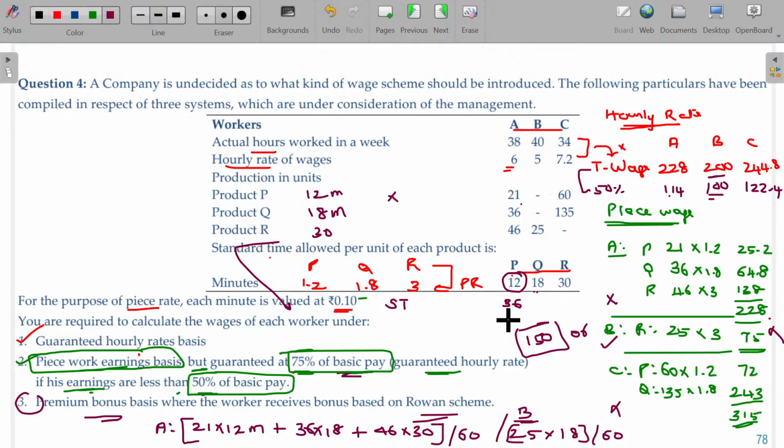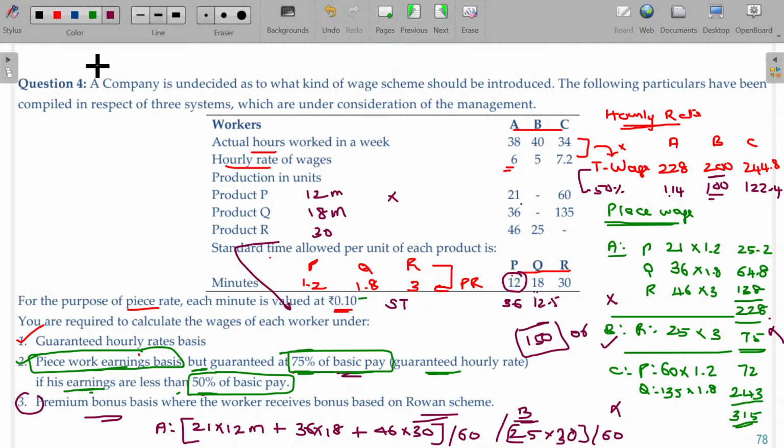7.5 hours. Okay. Oh, 30 minutes. For R, it's 30 minutes. Then this is 12.5. So 12.5.